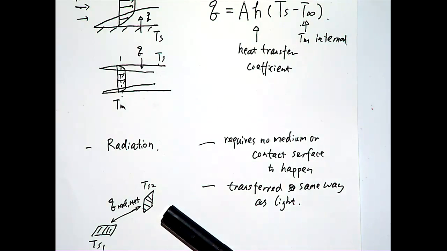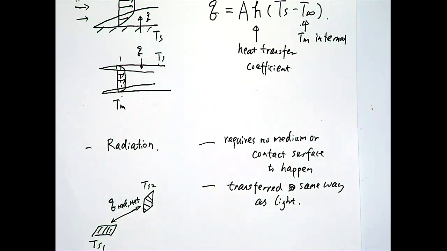I can have a surface like this, where radiation will happen in a more effective way. If one is like this, it will be much less effective. There are many possible positions, and how the two surfaces view each other must be known in order to calculate the radiation.